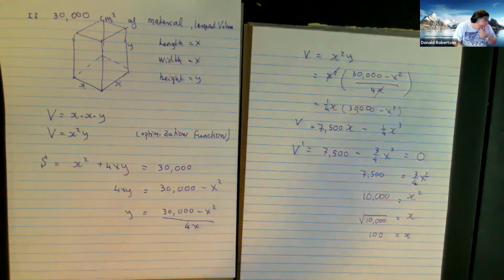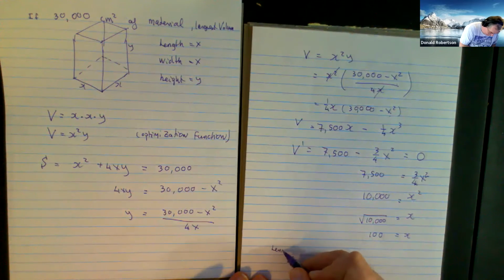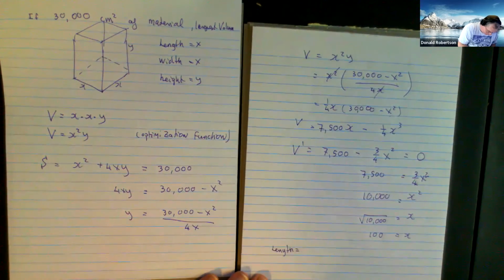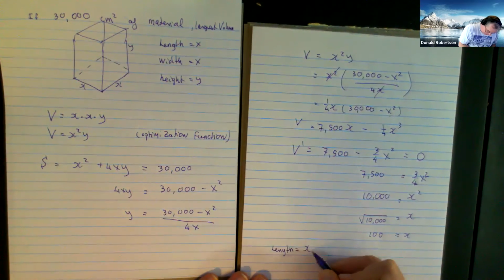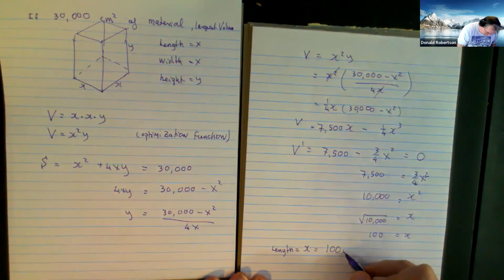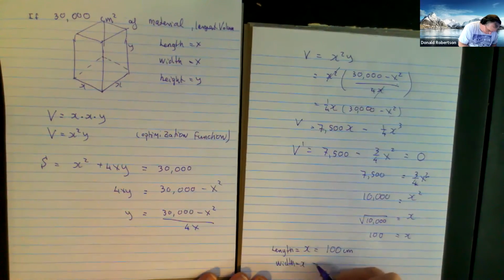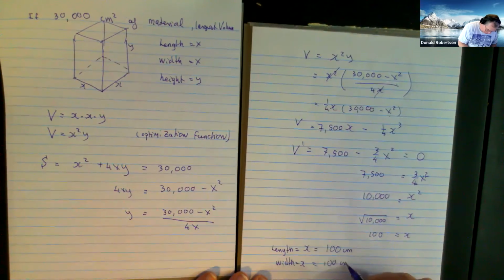Well, we should be able to put in all the dimensions. Well, the length of this box that gives you the best volume is x. So that's going to be, what are the units? Centimeters? Yeah, 100 centimeters. The width, which is also x, is also 100 centimeters.